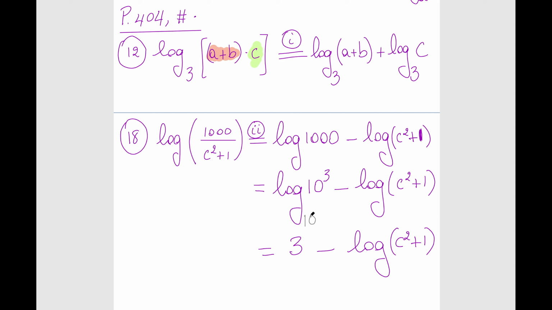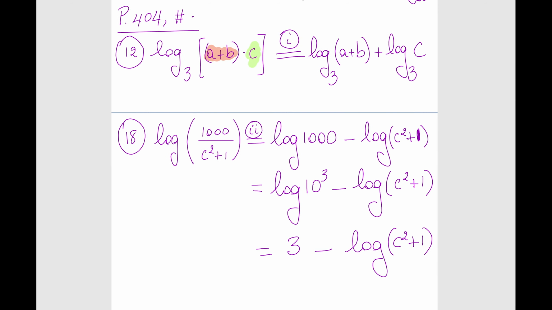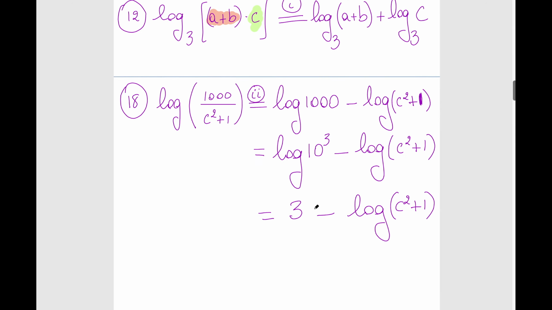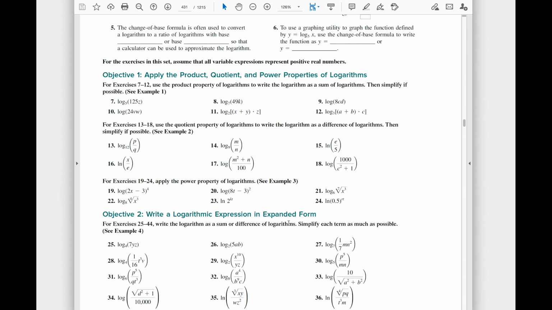Yes? So I'm going to erase this 10 for you now. All right, sounds good, and that's the best I can do. As we said, log of a sum, we can't do anything about it. All right, back to the book.